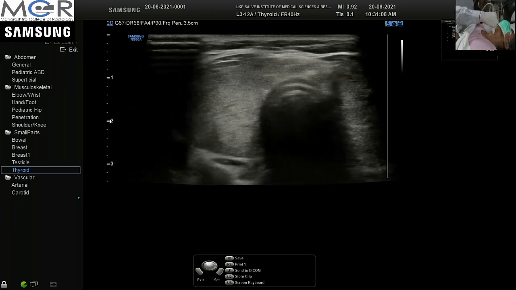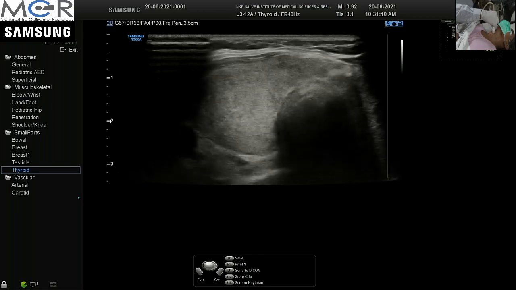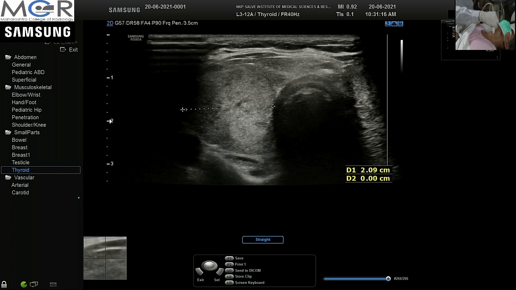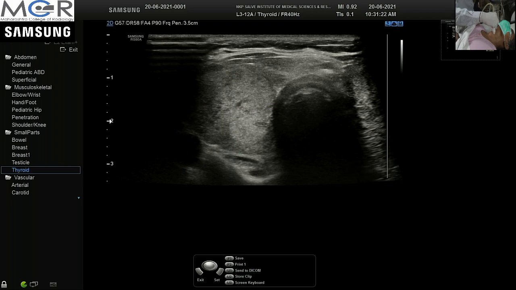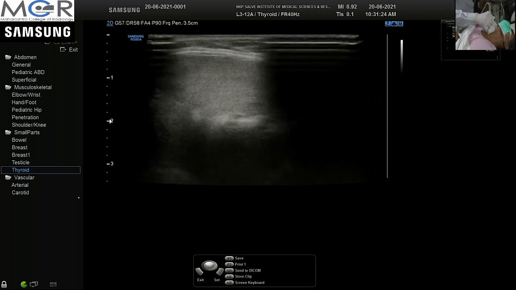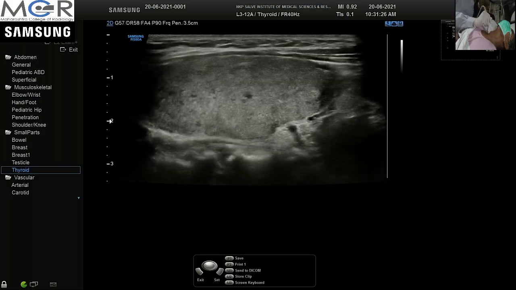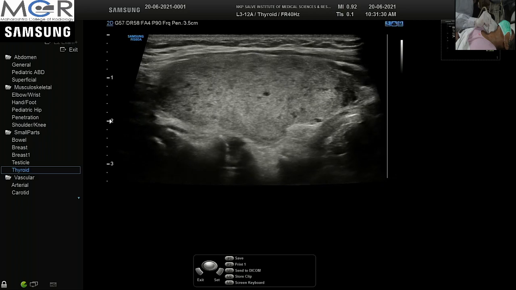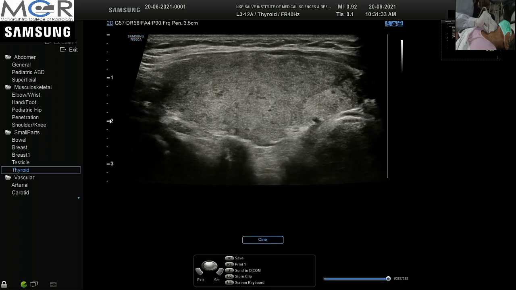The thyroid gland maximum transverse and AP diameter, as Dr. Sandeep has told, the AP diameter has more significance in detecting enlargement of the thyroid. It is 2.1 centimeters, and the craniocaudal length we will measure here.